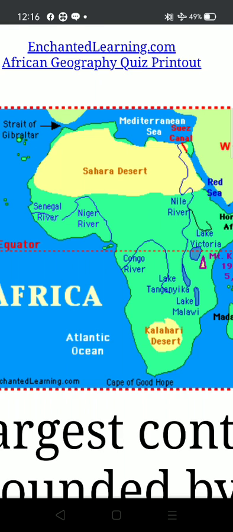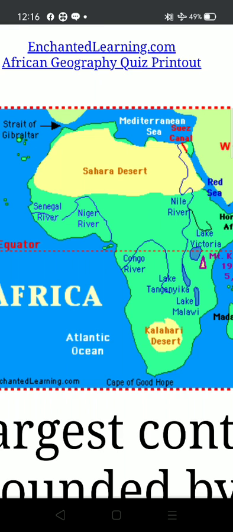Then, moving to this plateau region, children, you see many mountains, rivers, lakes.